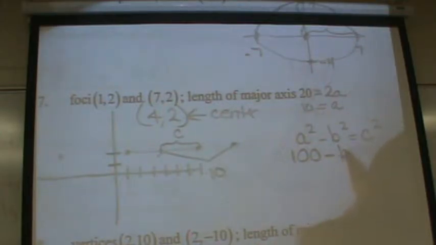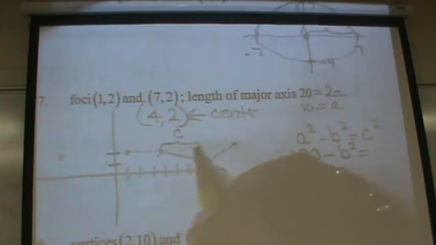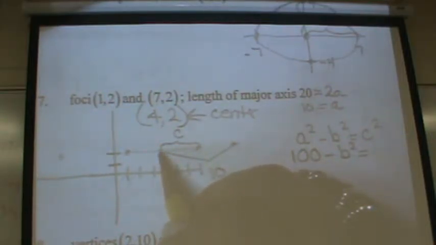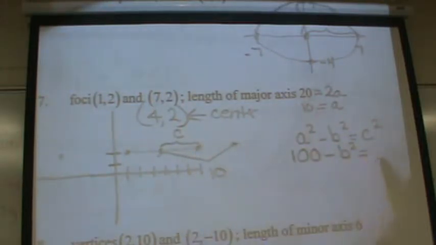We don't know what B is. And if C is this distance, so we've got 4, 2 and 7, 2. What's C then? 3. So C squared is going to be 9. Subtract 100. This is going to be negative 91. What's B squared? 91.